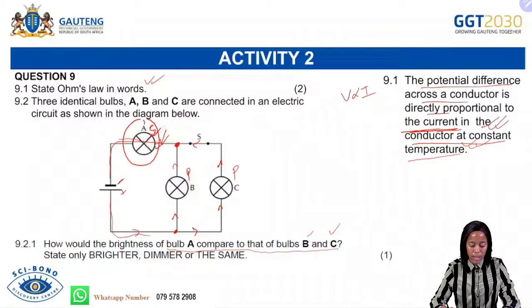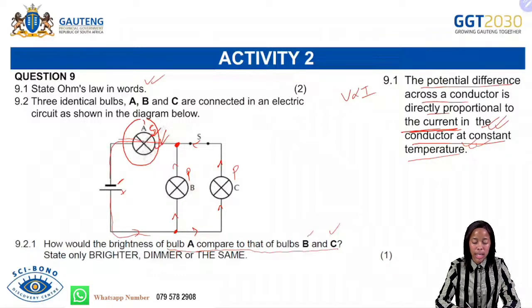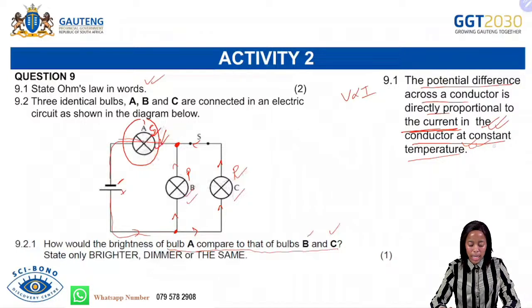Now we would see that because bulb A is connected in series, it therefore means that the total current through light bulb A would be bigger than the current that we have between light bulb B and light bulb C. In other words, because light bulb B and light bulb C are connected in parallel, we know that with a parallel connection, the current is divided.